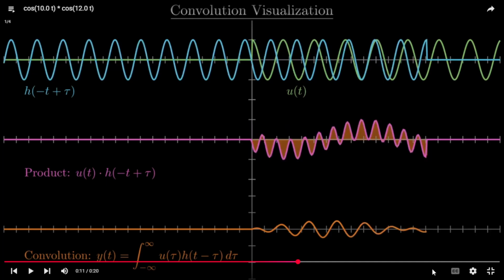Does anybody want to say? Does anybody want to say? What should we get as an integral?